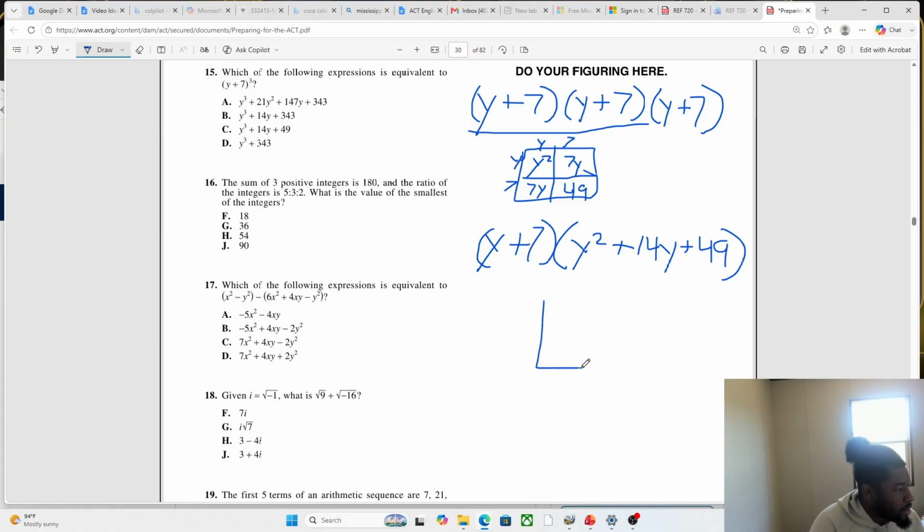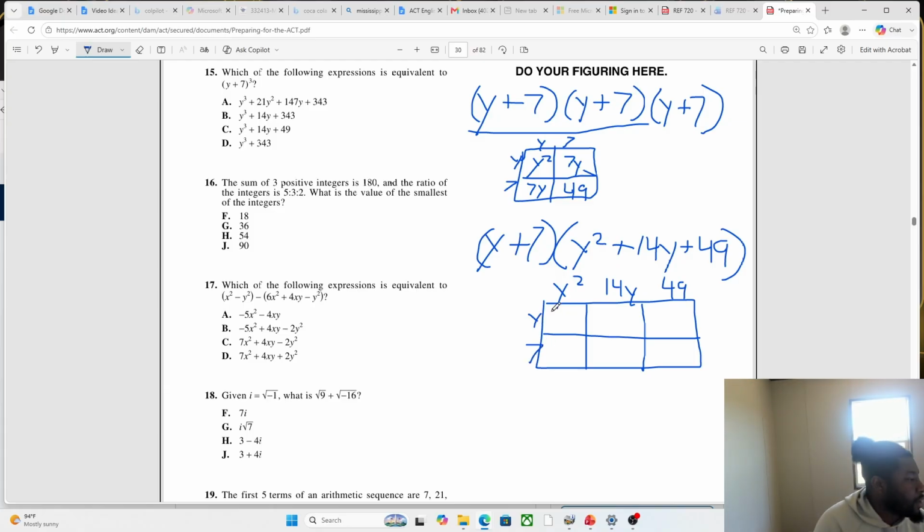All right, we're going to do another box. We're going to put y squared, 14y, and 49 on top. And we're going to put y and 7 on the side. So y times y squared is y to the third. 14y times y is 14y squared. 49 times y is 49y.